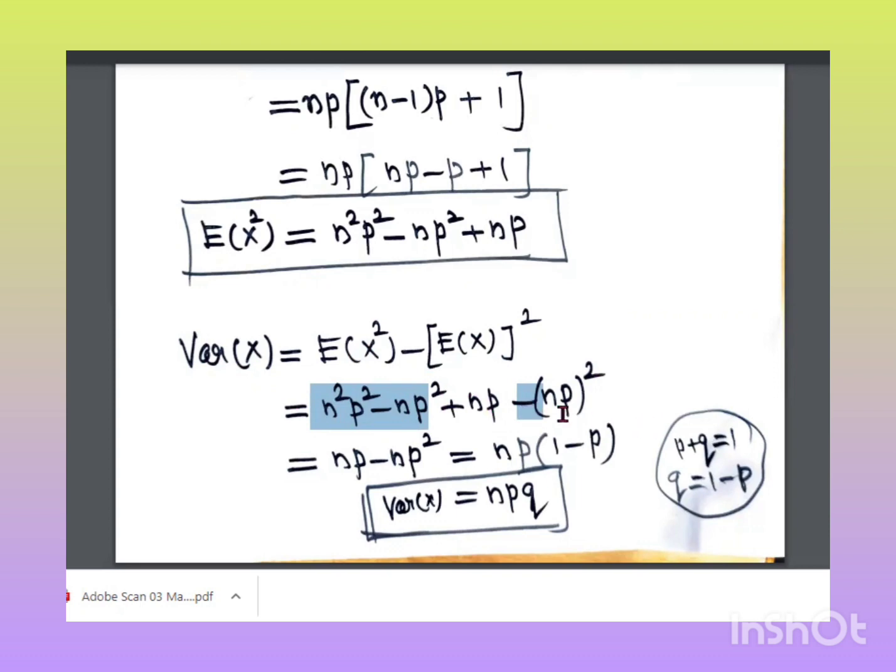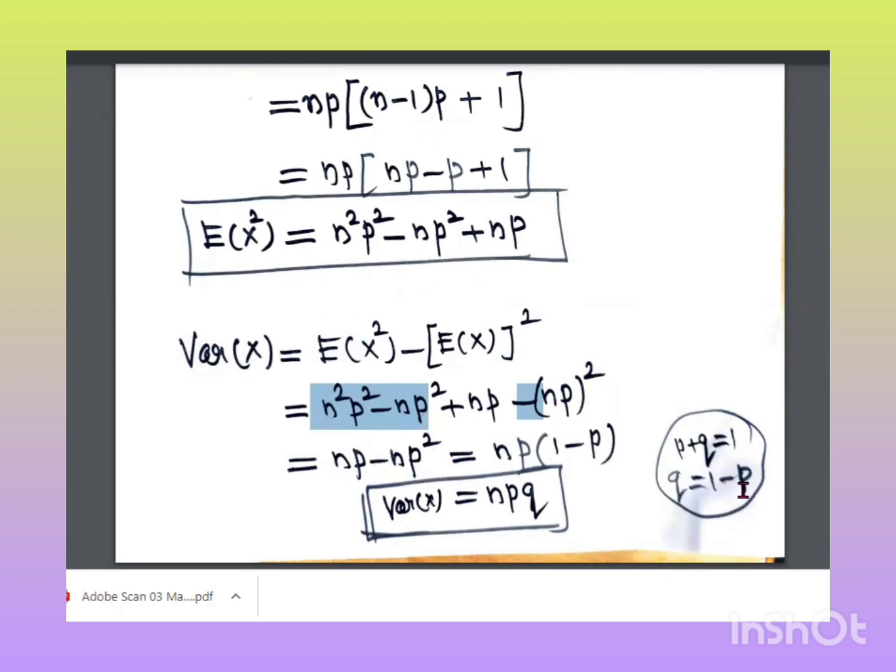Expectation of x is np, so np whole square, which is equal to n square p square minus np square plus np minus np square. Minus np whole square is n square p square. First term and last term will be 0 if you are adding. So second term and third term will come: np minus np square. If you take np as a common, np into 1 minus p.